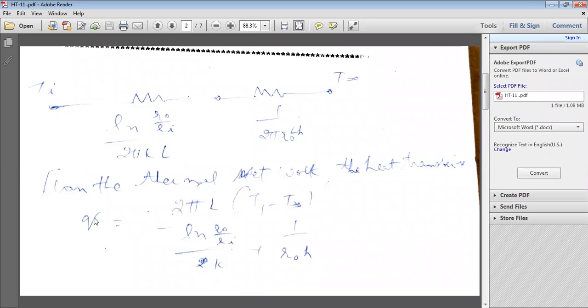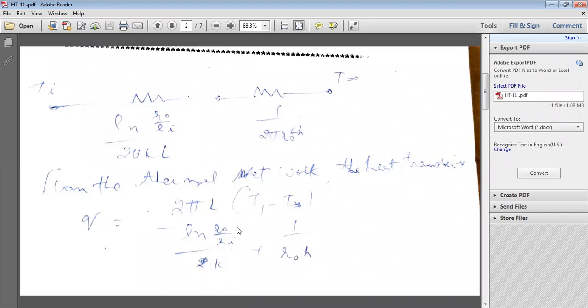So from the thermal network, heat transfer rate Q, which is capital Q, is equal to 2 pi L into Ti minus T free stream.